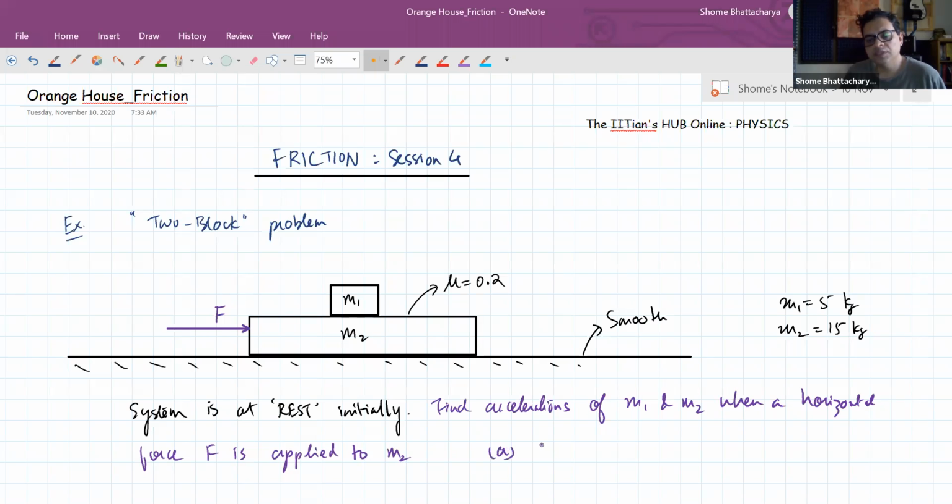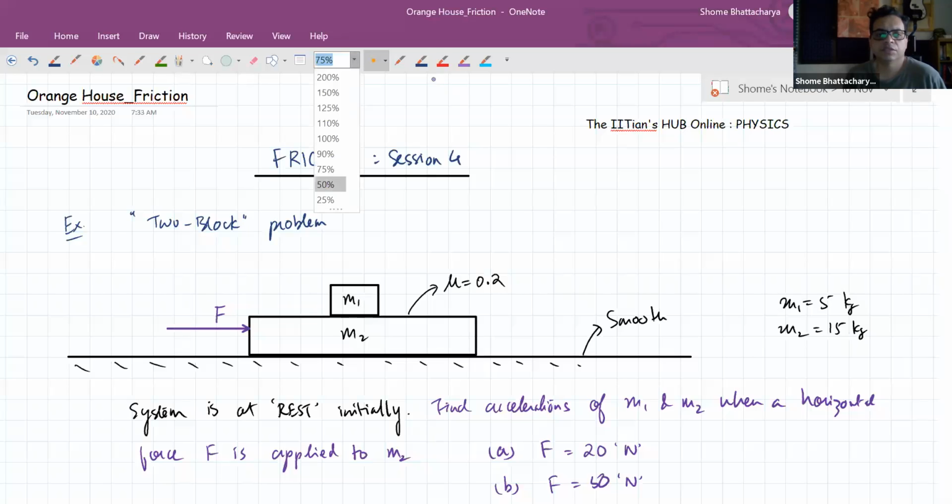The first case we'll take is when the magnitude of this force is 20 newtons. Second case we'll take when the magnitude of this force is increased to 50 newtons.